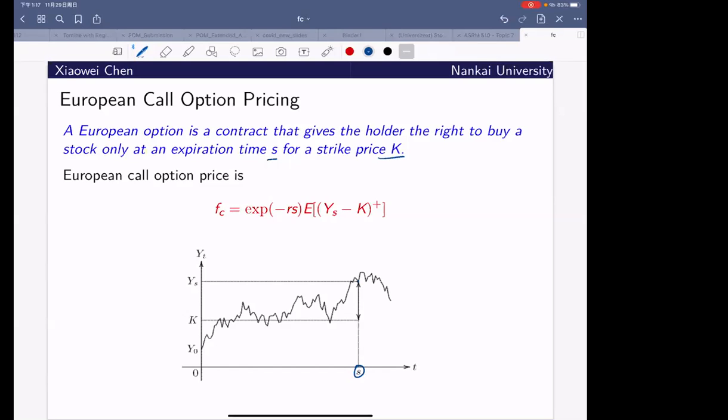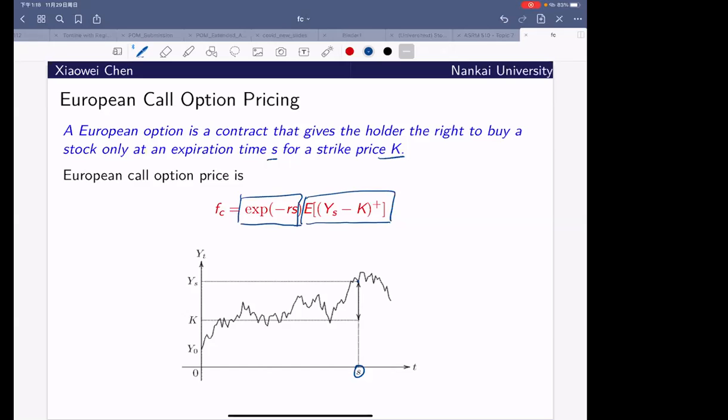Based on the one-price rule, which is a very important rule in the financial field, we give the price formula: the expected payoff times the discount rate. This part is the discount rate, and this part is the expected payoff of this contract.